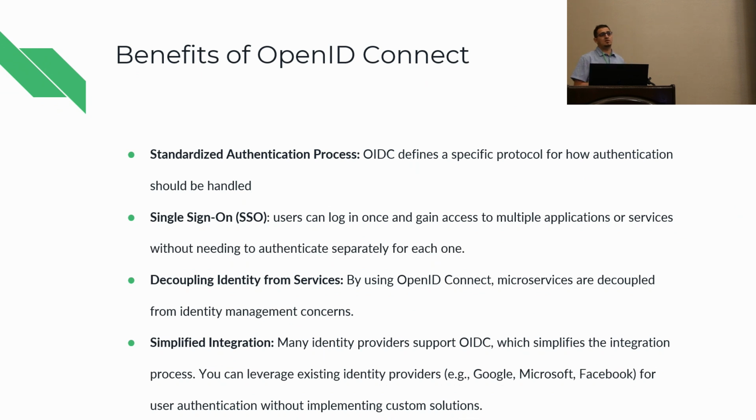If you have multiple applications in your environment, you could dedicate one application that is solely responsible for authentication, so it becomes your identity provider, and then all the rest of the apps can connect to it. The benefit of such an approach is that it decouples microservices from having to worry about identity or authentication, because now your authentication process is in one place.